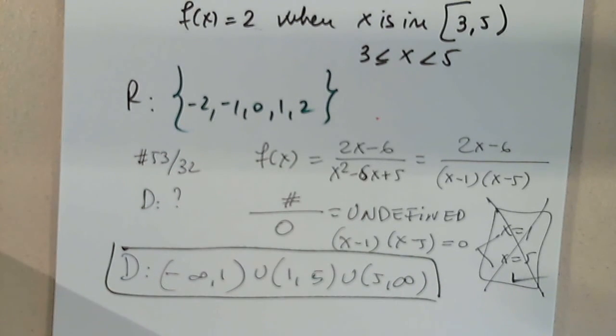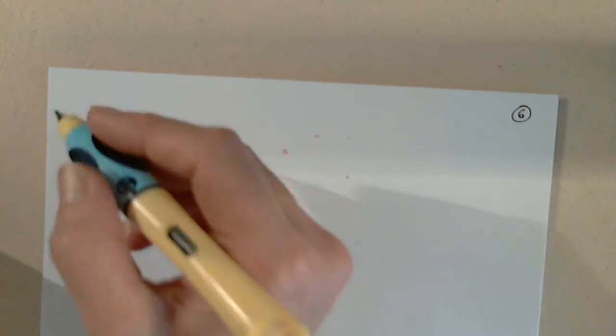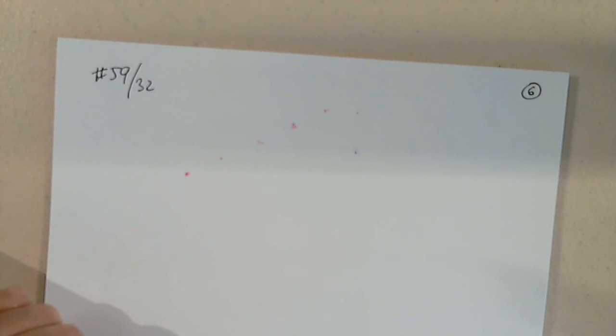The final problem that I wanted to look at here is problem 59 on page 32. And I'm on page 6. Just the part, we know how to determine the domain of that function.